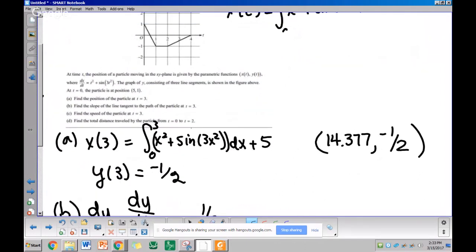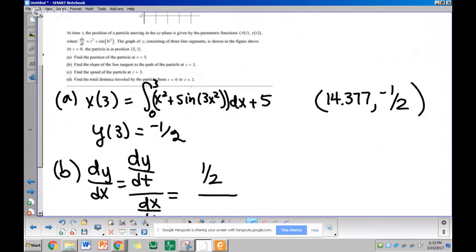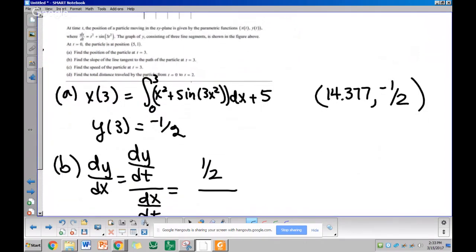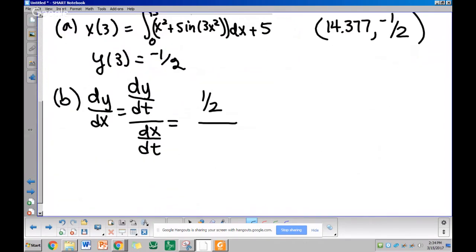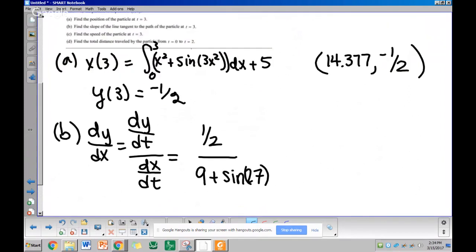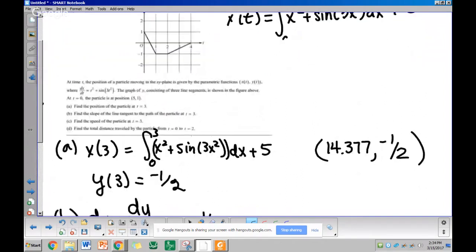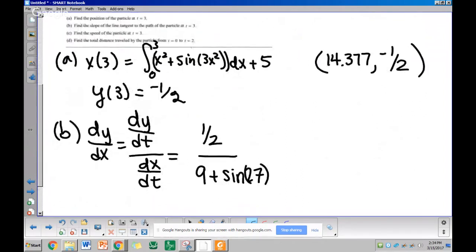You put that in your calculator and you're going to get a number, right? That's not very nice. So I'm going to put it at 9 plus the sine of 27. Is it 3t squared? Now, before we go any further, I'm going to tell you that this would get full credit right here. Leave it like that.